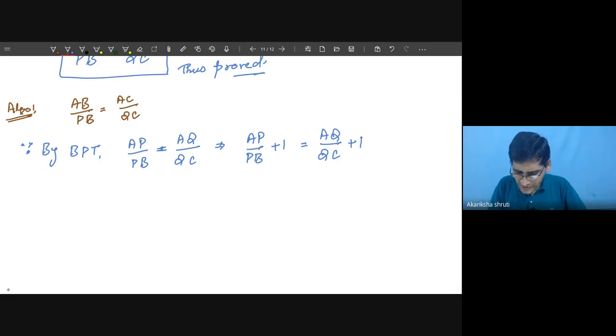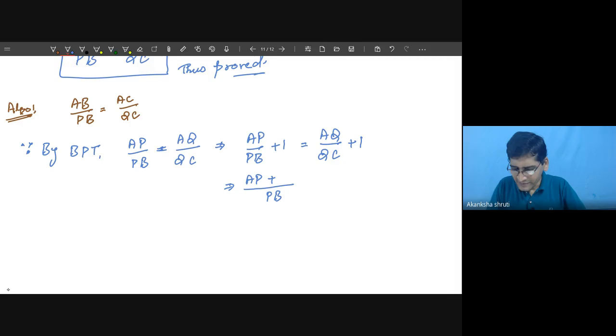Now you have to just simplify it. For simplification of the ratio, take PB as the common denominator for both. So AP will remain as it is. Below this 1, means plus 1, is there. So in the denominator of 1 it is nothing but 1. So therefore AP will be there.